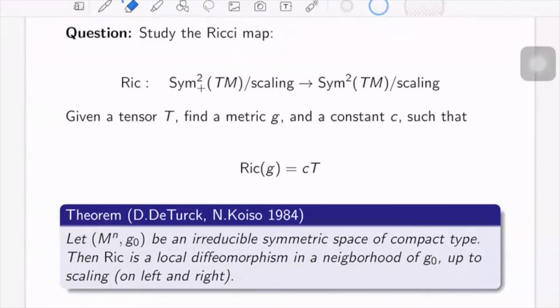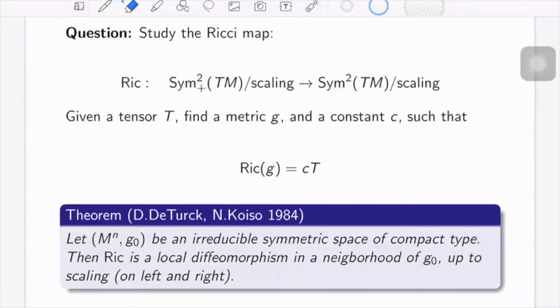But it says it is also a local diffeomorphism. So for nearby tensors T, I can also solve the Ricci equation. And this sometimes holds for Einstein metrics. There are various theorems in this direction, which I don't want to discuss.